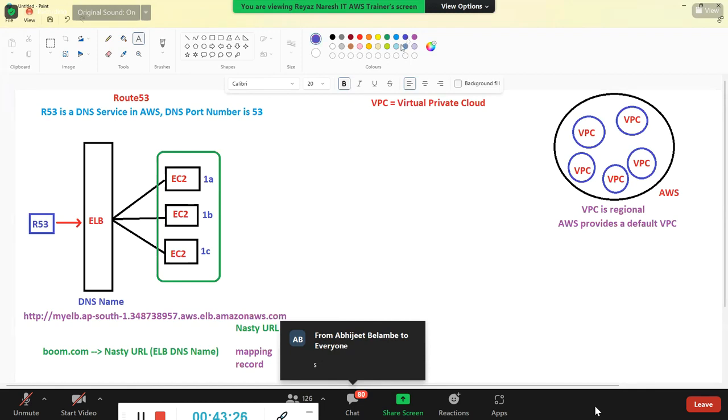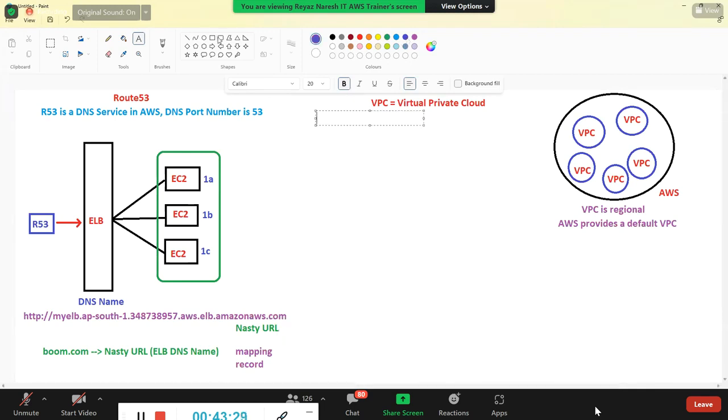So do you all agree that VPC is nothing but a virtual data center?